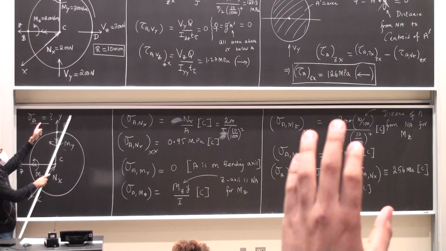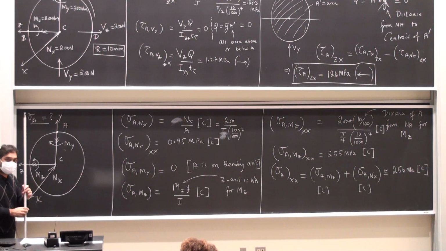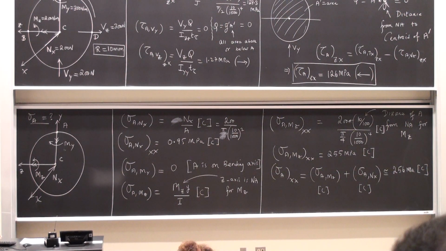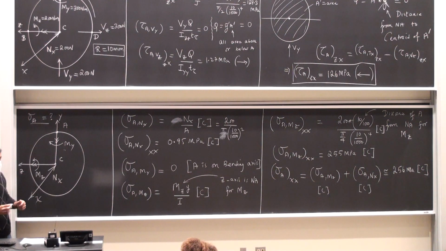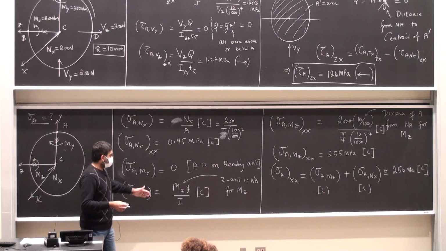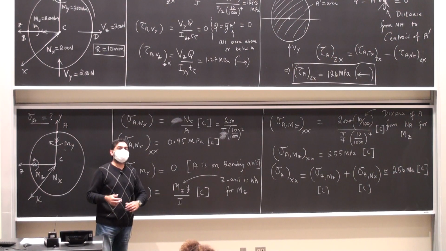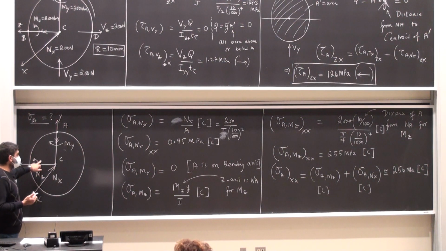I'm going to push this board up. Okay. Yes, question. So I just wanted to make sure. For when we're getting sigma A due to Mz, you said that the Mz was positive because it was compressive and it was normally negative, so negative, negative is positive. Is that why? Yes. Okay. That's one way of thinking about it, but it is kind of hard to keep carrying through the negative sign every time. So the idea is you visually recognize, okay, what is the effect of this bending moment?